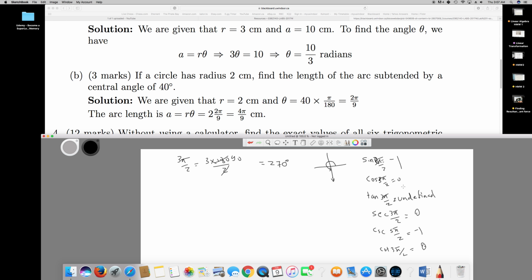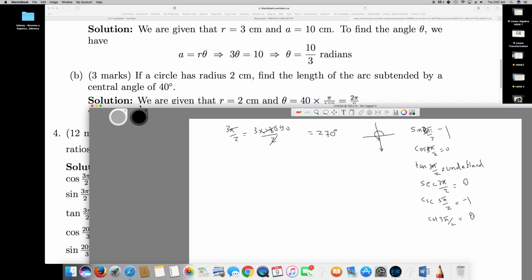So let's see, we have done the reciprocal, right? Sec is going to be the reciprocal of cos. So since cos is 0, the reciprocal of cos is going to be 1 over 0. Oh, no. 1 over 0 means that's undefined, so we have to be careful. In this case we have to be careful.